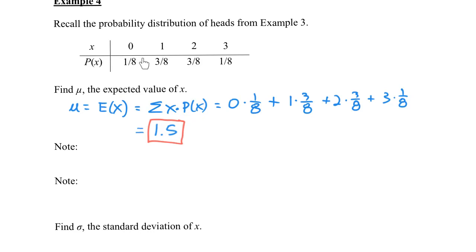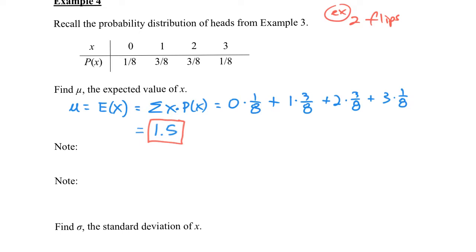So to see what this is saying, let me give you an easier example. Let's say I'm going to flip a coin twice. If I'm going to flip a coin twice, and I ask you, how many heads do you think I'll get? Well, I could get 0, 1, or 2, right?